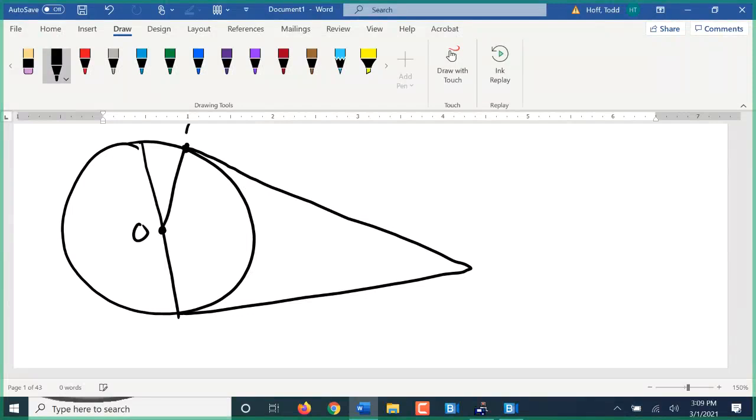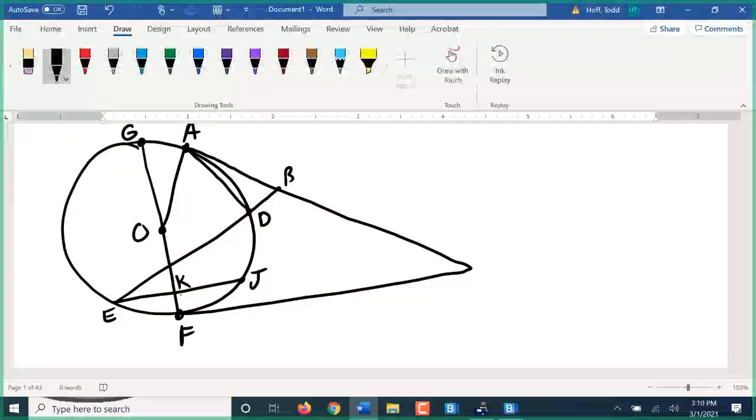That's tangent at point A. And down here, this was tangent at point F. So this up here, the other end of that diameter will be point G. Point K here. Point J. That's what your points are.